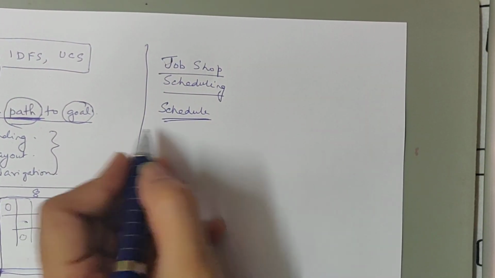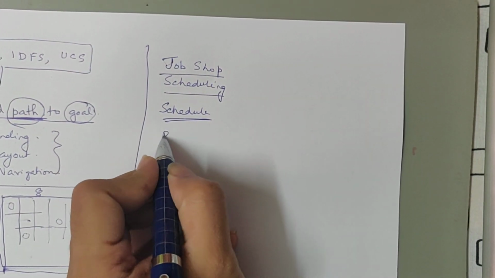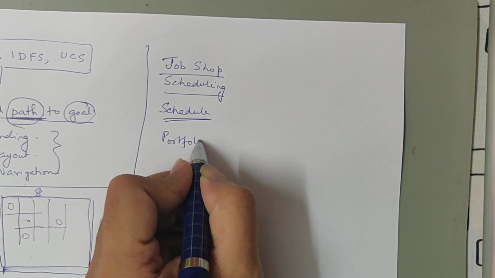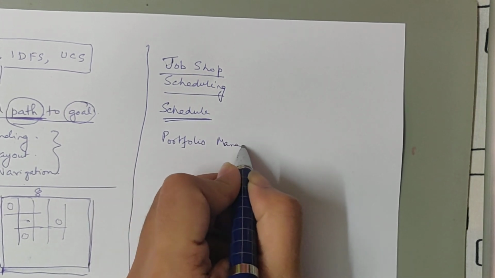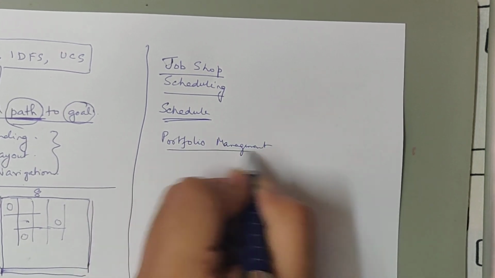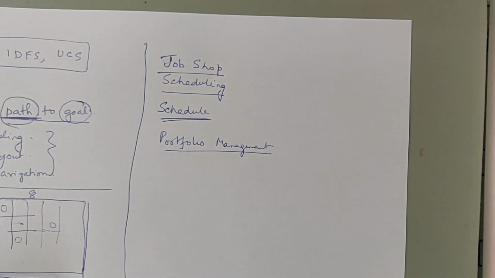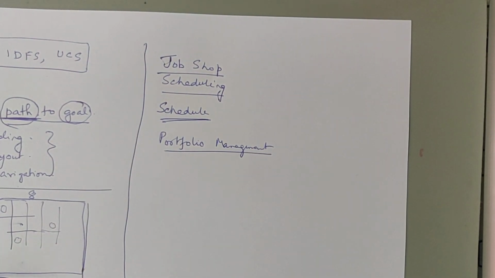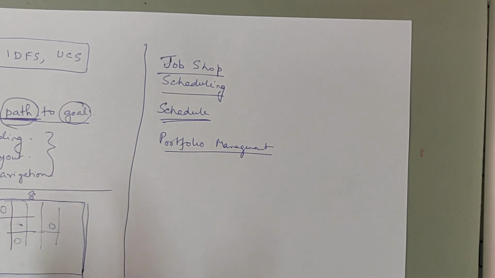Again, one another application is portfolio management. What is portfolio management? Portfolio means financial portfolio. If you are earning, for example, 50,000 rupees a month, how do you manage your finances? One part will be going for your monthly expenses.